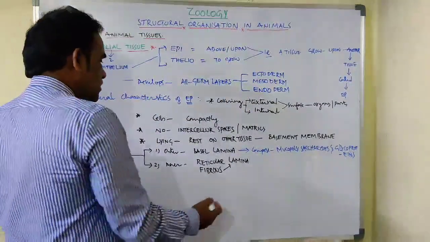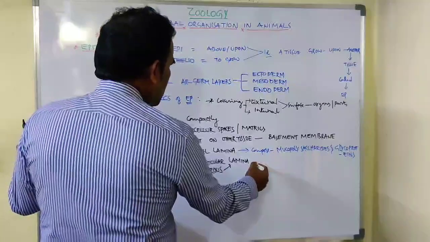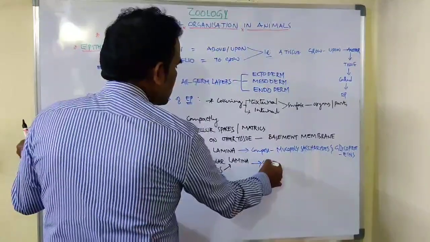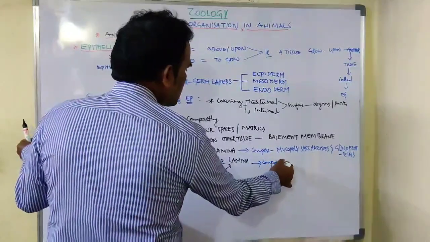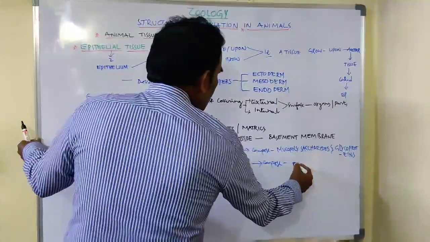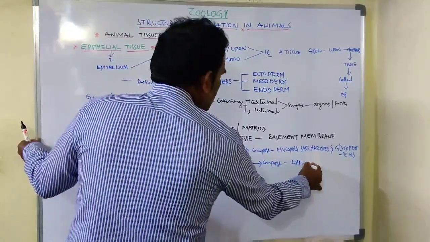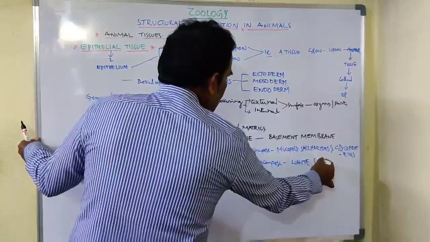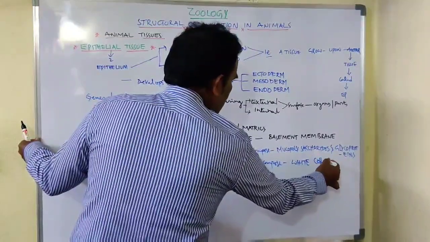Whereas the reticular lamina or fibrous lamina is composed of white collagen fibers.